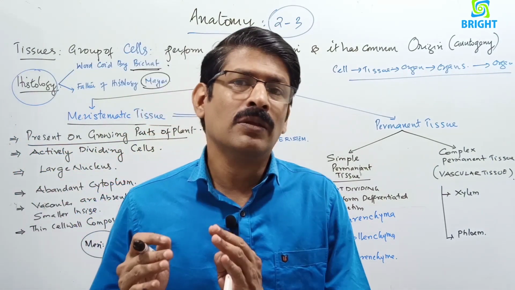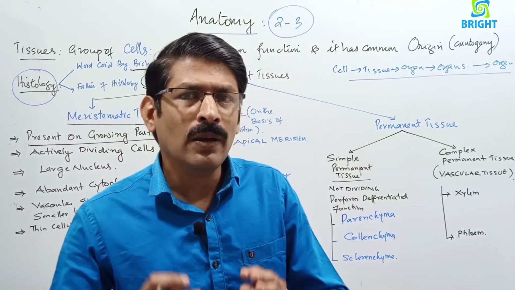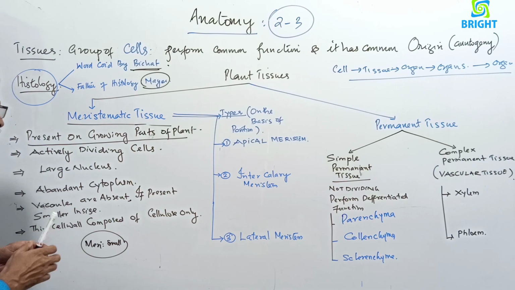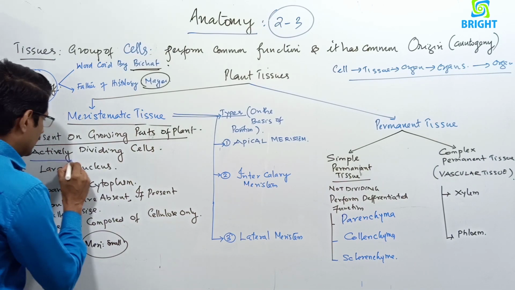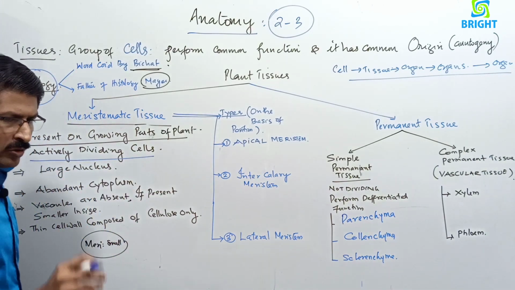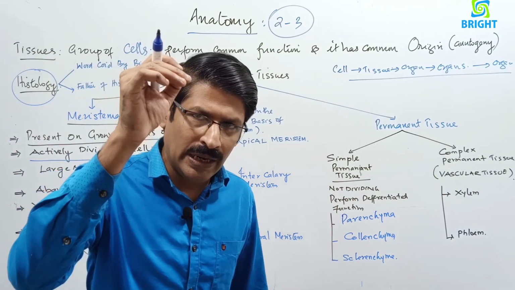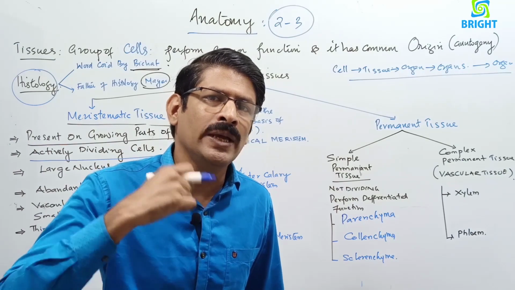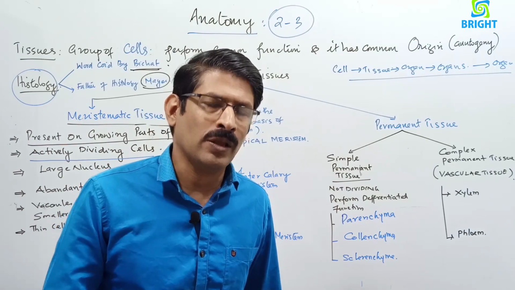Meristematic tissues are present only on the growing part of the plant, and they are actively dividing cells. We know mitosis.